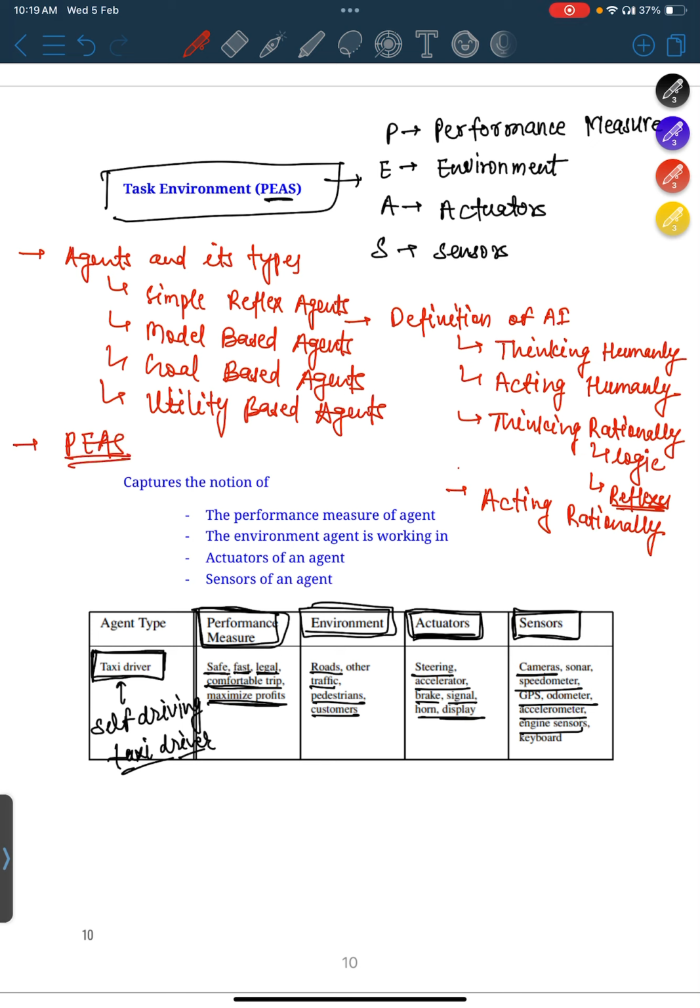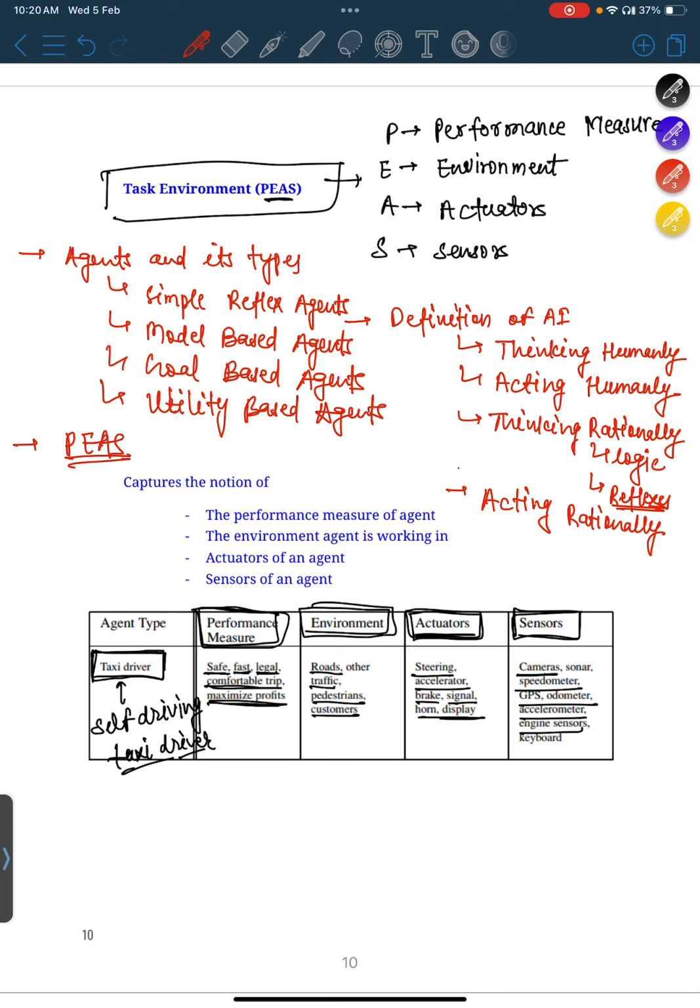In the next lecture, we'll go over, on the more mathematical side, how we can take an AI problem, model it as a search problem, and solve that problem. We'll take a deeper dive into the problem side of AI.